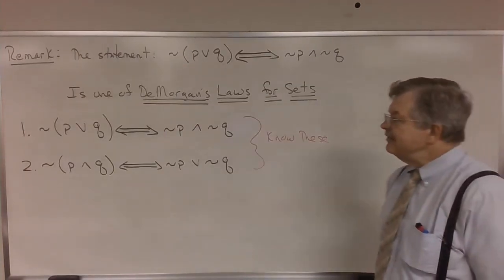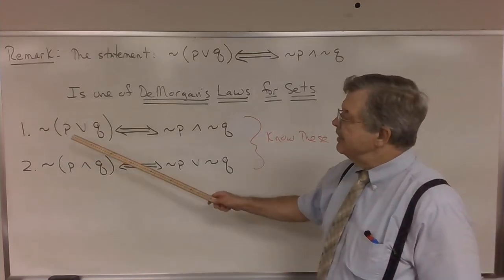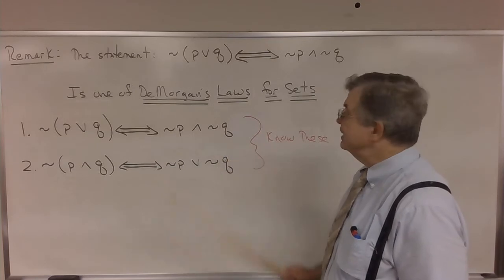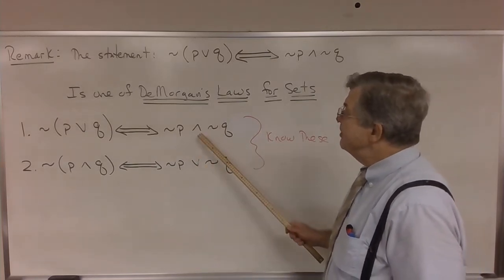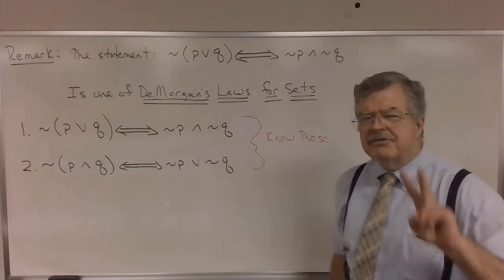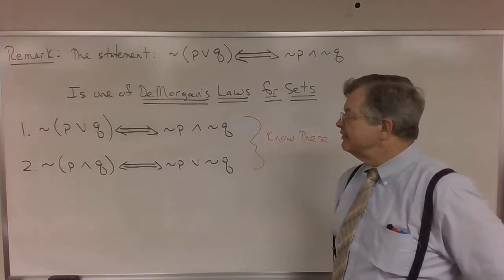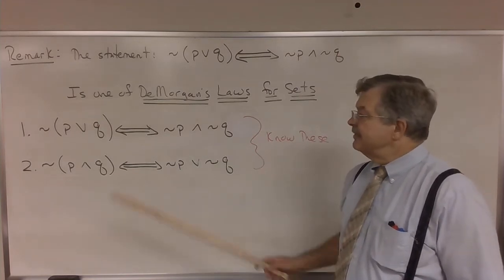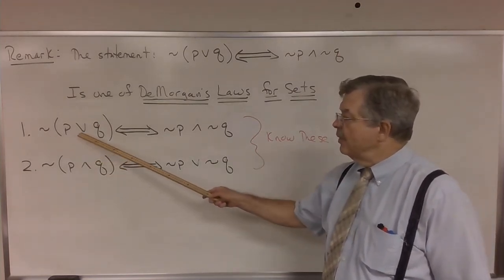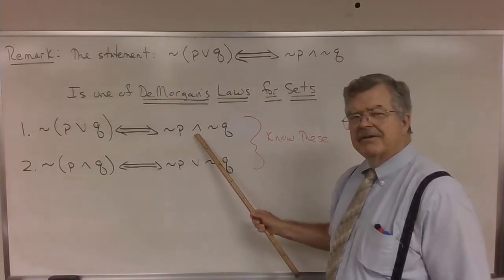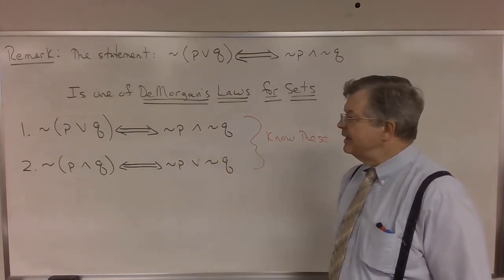In our previous example, we showed that these two statements were logically equivalent. And this is one of DeMorgan's laws for sets. There are two DeMorgan's laws for sets. And the first is that the negation of an or statement is an and statement. And here's how we do it.